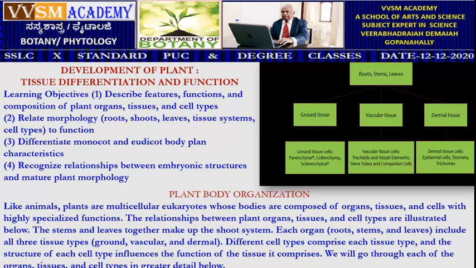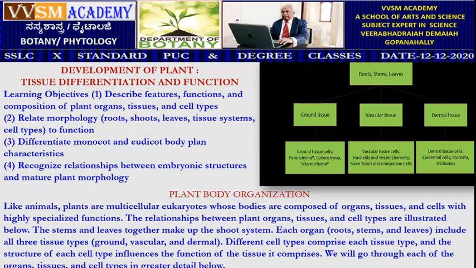Plant body organization. Like animals, plants are multicellular eukaryotes whose bodies are composed of organs, tissues and cells with highly specialized functions. The relationships between plant organs, tissues and cell types are illustrated in the forthcoming slides. The stems and leaves together make up the shoot system.